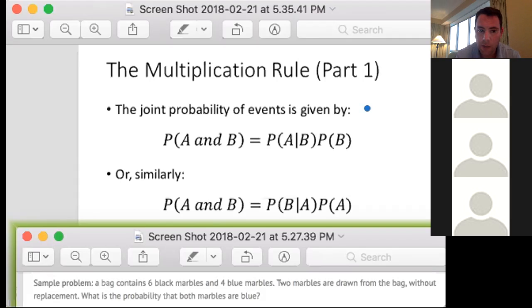Okay, so Michael said the probability of A is the first marble being blue. Yep, that's absolutely correct. What will probability of B be?